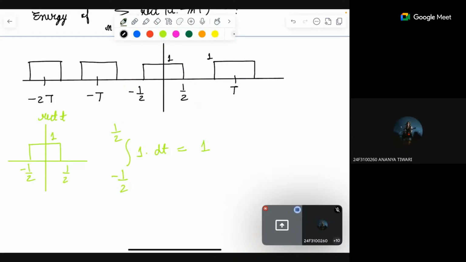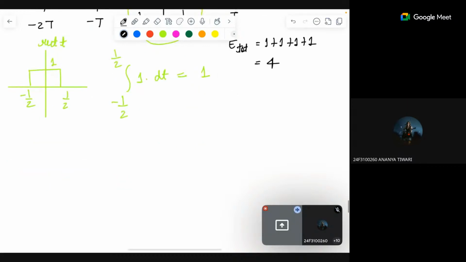So now we know that the energy of one of these is 1. Since there are 4 copies, the total energy will be 1 plus 1 plus 1 plus 1, 4 times. So we will get 4. So this is the energy of this signal. Is this fine? Yes, ma'am.